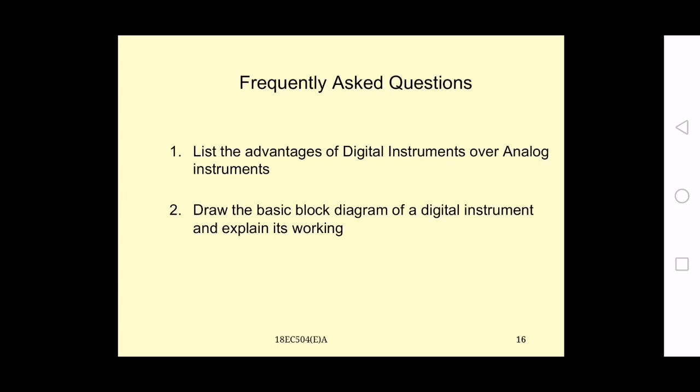The frequently asked questions in this topic are: list the advantages of digital instruments over analog instruments, and draw the basic block diagram of a digital instrument and explain its working. You have to draw the block diagram, that is input analog data, analog to digital converter, signal processing unit, output display, and you have to explain each block.